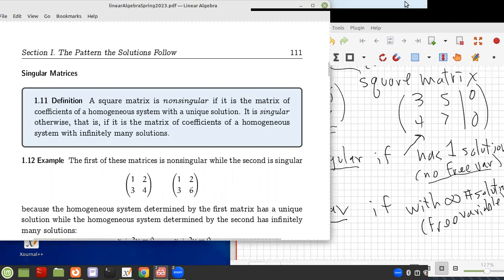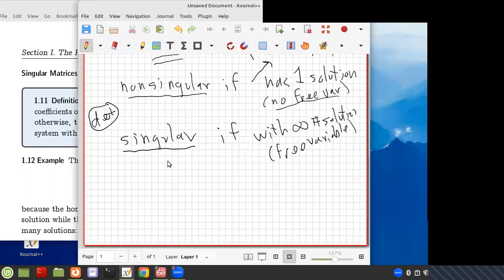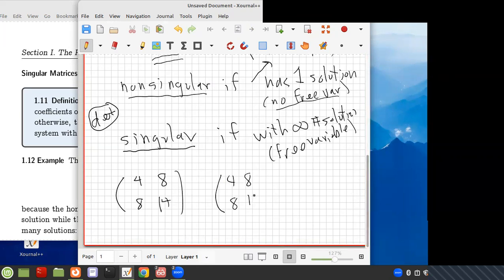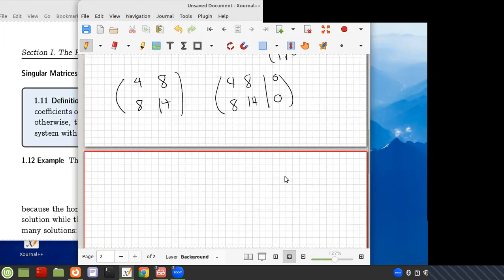If I give you a matrix like this, let's say I have 4, 8, 14, and I want to know, is this singular or not? Well, what you do is you put this as the coefficient matrix of a homogeneous linear system, like this, and then reduce it to echelon form.